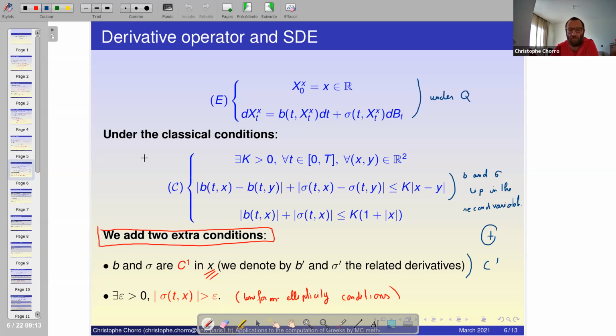What we are going to see just after is that under all these conditions, the conditions of slide 6, for any fixed t, X small t, that is the value of my solution at time t, belongs to the domain of the derivative operator, and I will be able to compute explicitly the value of the Malliavin derivative of X small t.